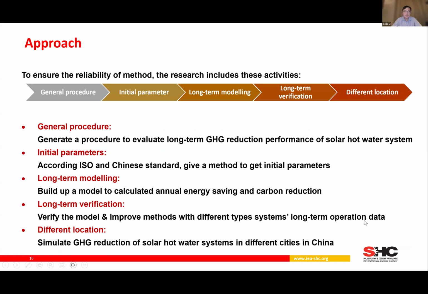To ensure the reliability of the method, we include these activities. First, we generate a general procedure to evaluate the long-term GHG reduction performance of solar hot water systems. Then, according to ISO and Chinese standards, we give a method to get initial parameters for the different solar hot water systems. With these initial parameters, we build a model to calculate annual energy saving and carbon reduction of systems.